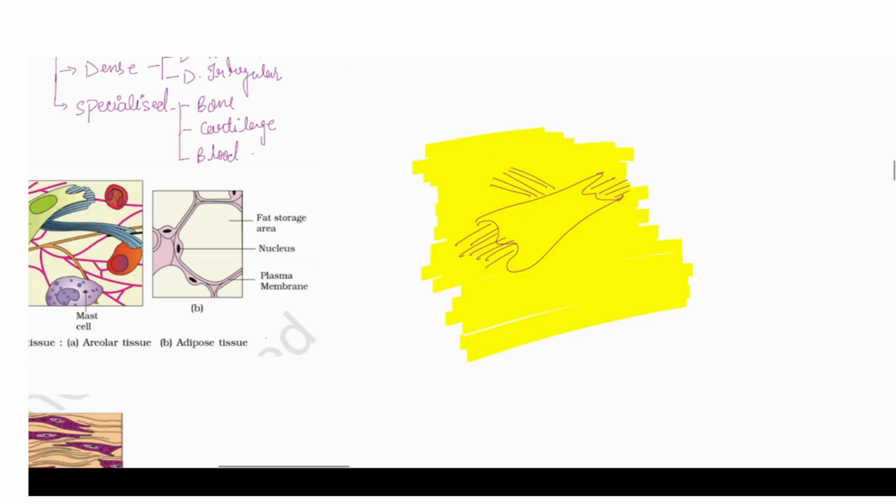Then here we also have some specific cells, the areolar cells, meaning we have some macrophages and some mast cells, as well as the fibroblast cells, and we have some acidophils, basophils, and neutrophils, in which the nucleus is headphone shaped, maybe multinucleated, or maybe a simple trilobed nucleus, with a lot of granules, or maybe phagocytic in nature. So on the basis of function, we see different types of cells in it, right?